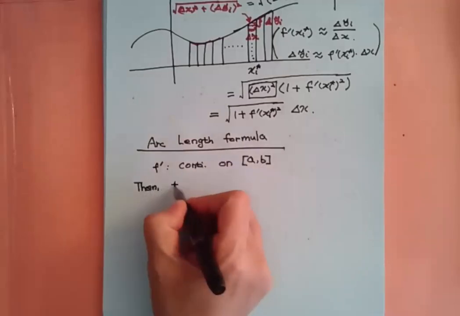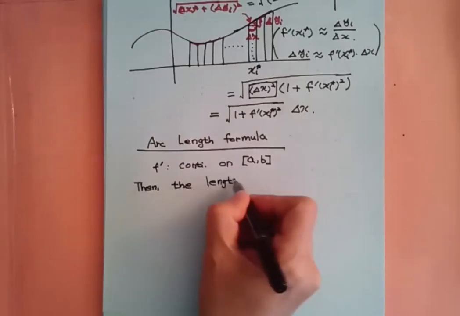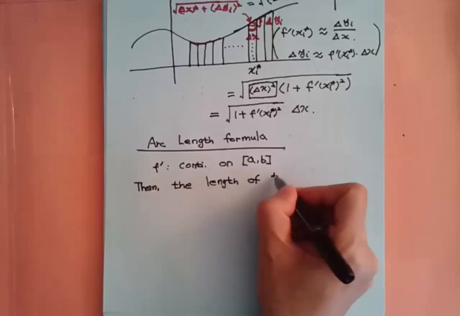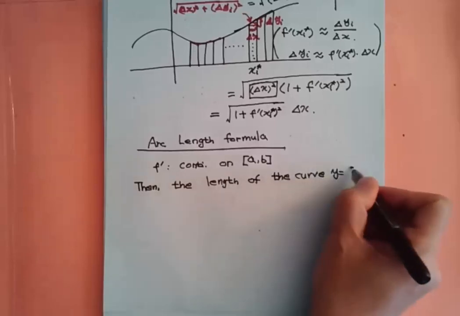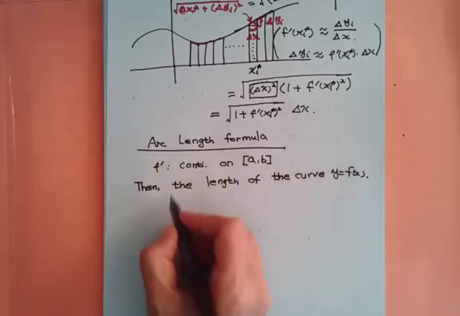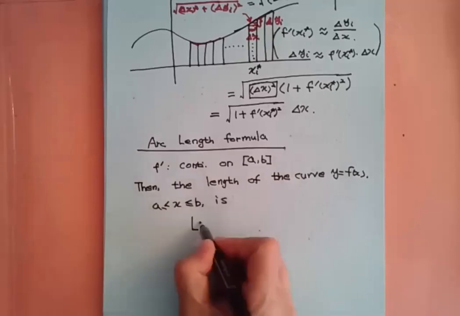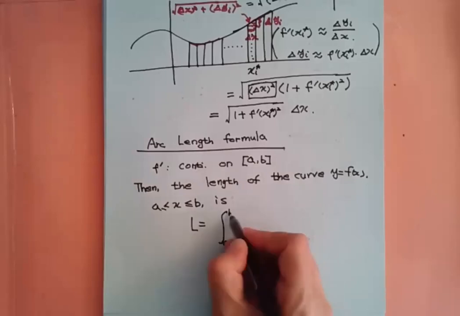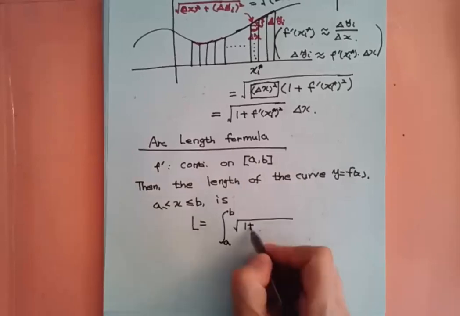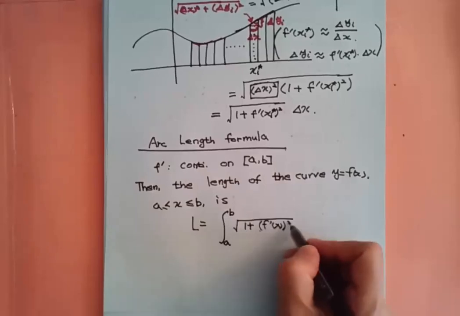Then the length of the curve y equals f of x between a and b is formulated as an integration again, a to b, square root of 1 plus f prime of x squared dx.